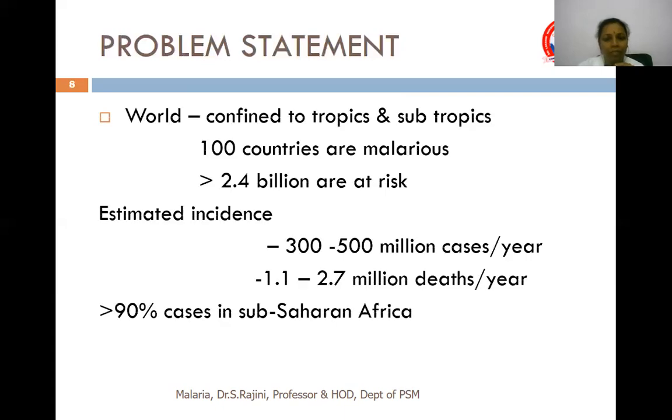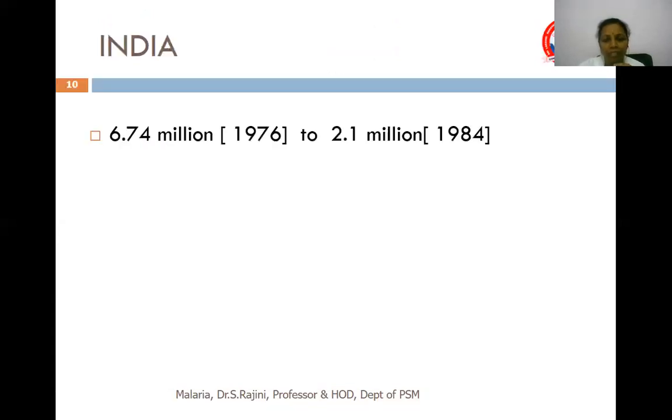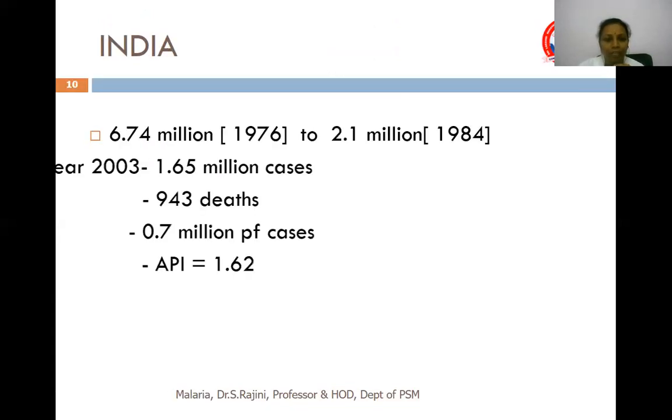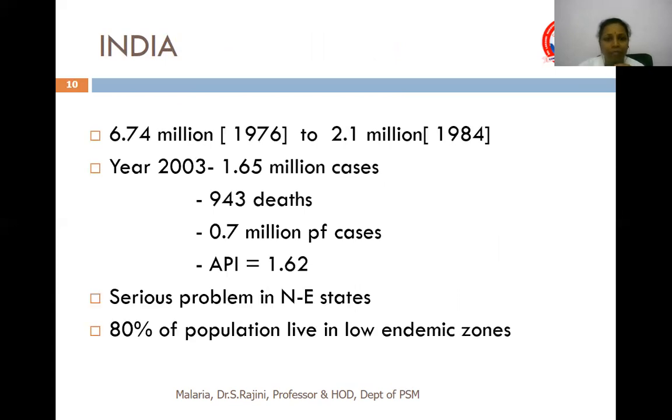So problem statement. World, it is confined to tropics and subtropics. So malaria is common in the tropical and subtropical countries. More than 90% of the cases are occurring in sub-Saharan Africa. Coming to India, 6.74 million to 2.1 million cases are there every year, and we have nearly 1,000 deaths every year.